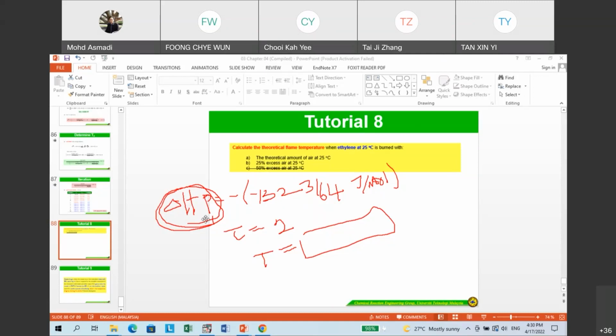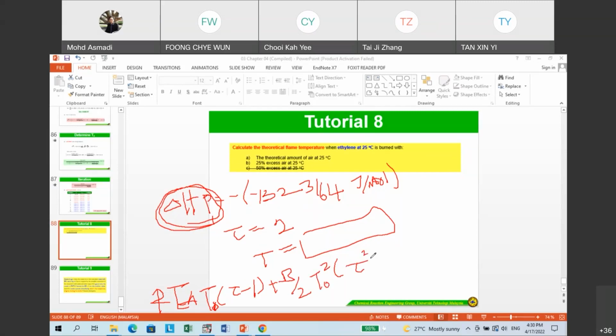So if you expand this one, R, A, T naught, tau minus 1, plus B divided by 2 T naught, because C is equal to 0, right?